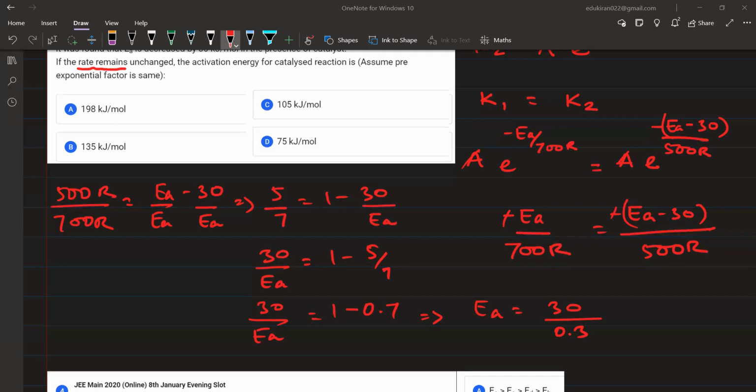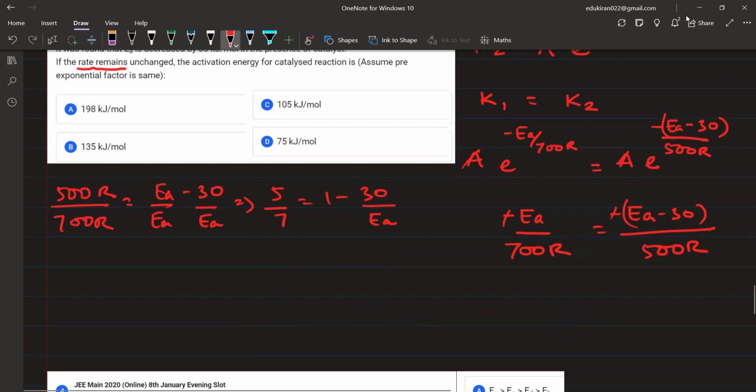It is something else. Is there some mistake? Why is the answer not right? Cancel these two things. So EA upon 7, R and R will cancel.